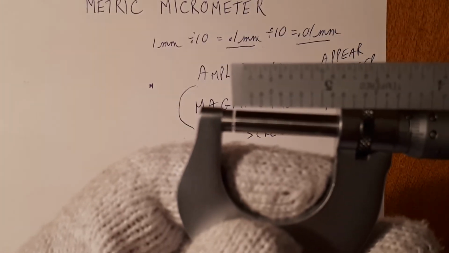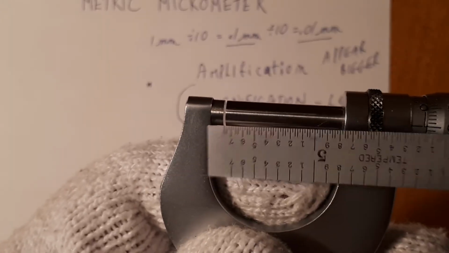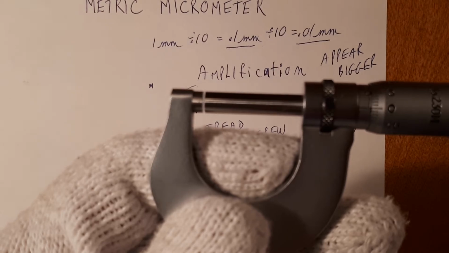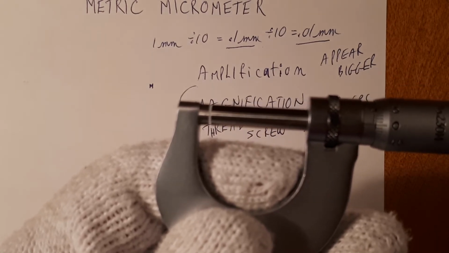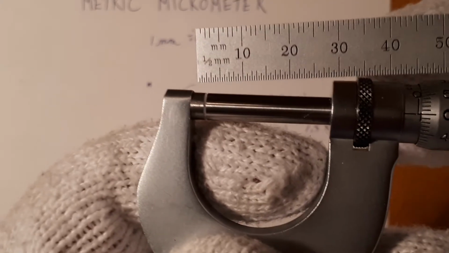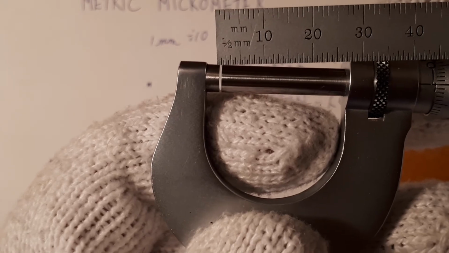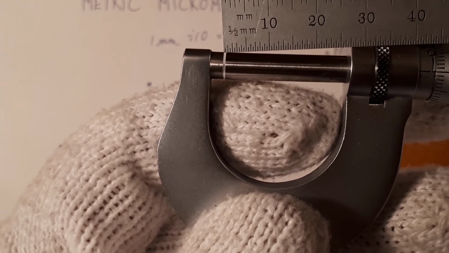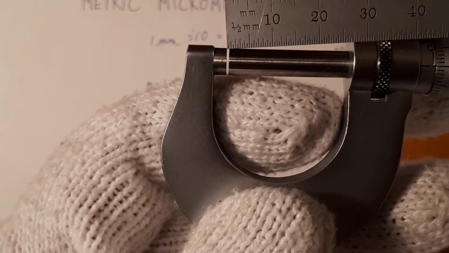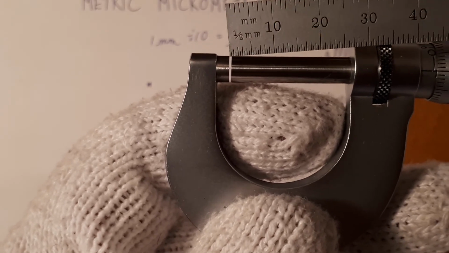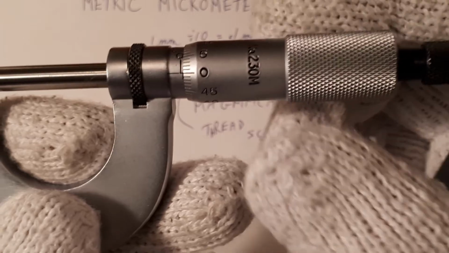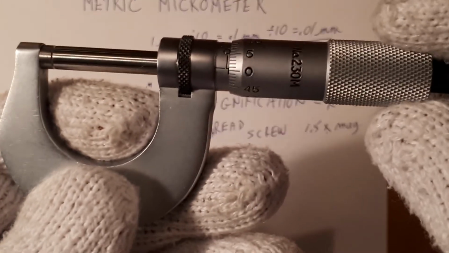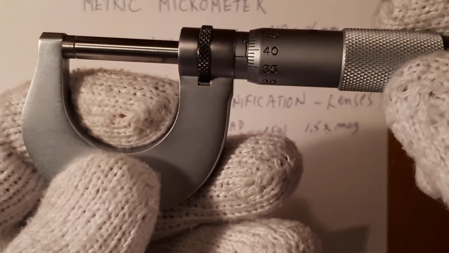So if I were to measure that gap and represent it with a rule, that gap in here is in fact 0.5 millimeters. That's easy enough to see here, that 0.5, but amplification allows me to use this thimble such that one full rotation of this thimble would represent 0.5 millimeters.